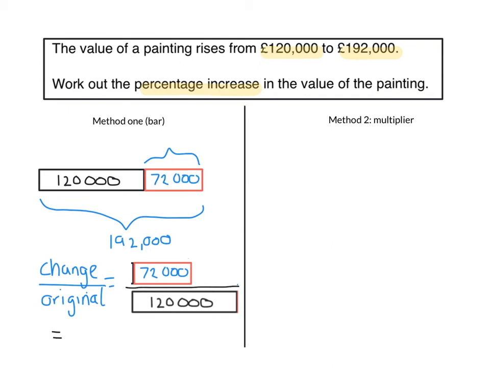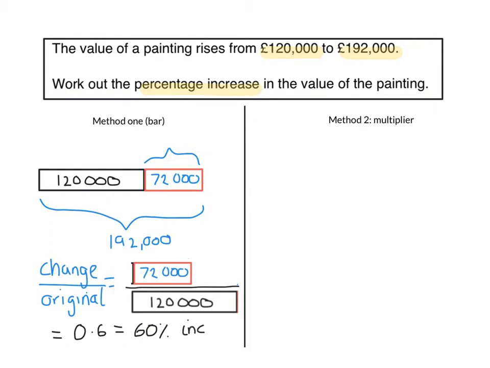And I can put that on my calculator. 72,000 out of 120,000. And that comes up as 0.6. That's a decimal. So to get to a percentage, I need to times by 100. I get 60%. So it's increased by 60%.